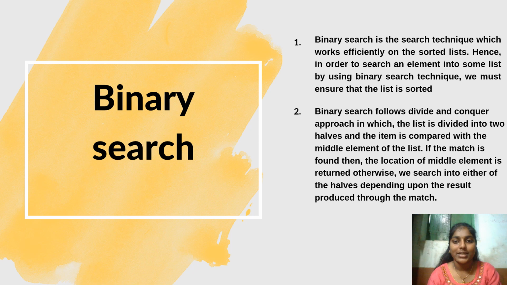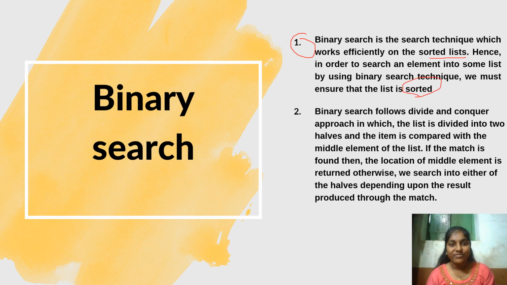So here, what is binary search? Binary search is a technique which works effectively on sorted lists. Hence, in order to search for an element in a list using binary search, the list must be sorted.